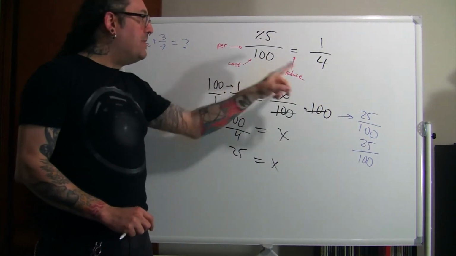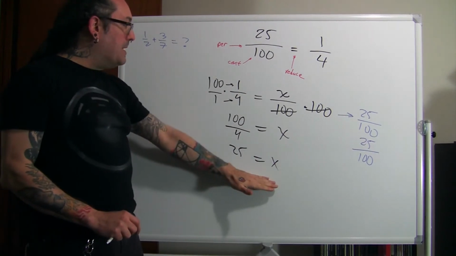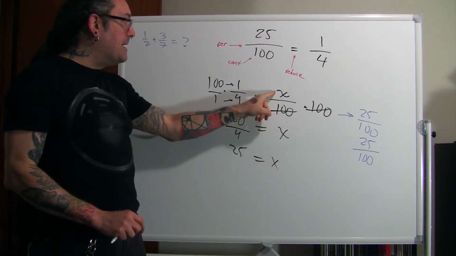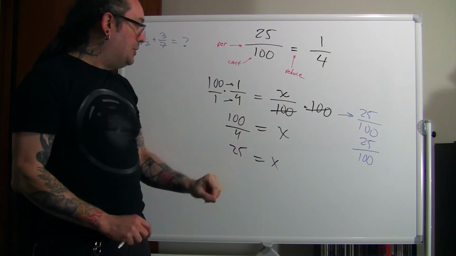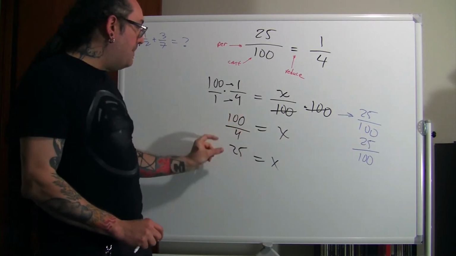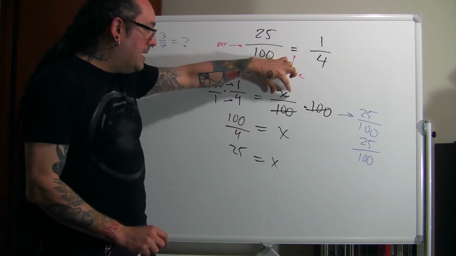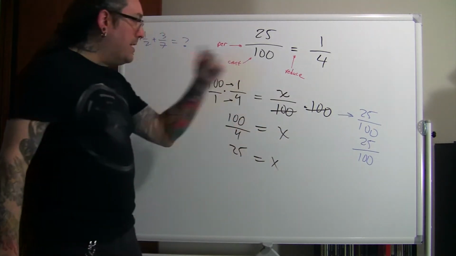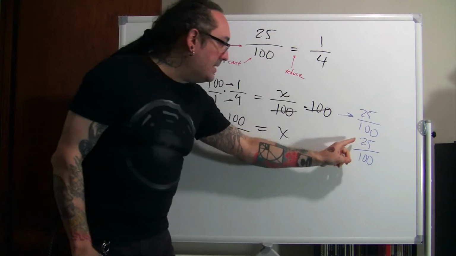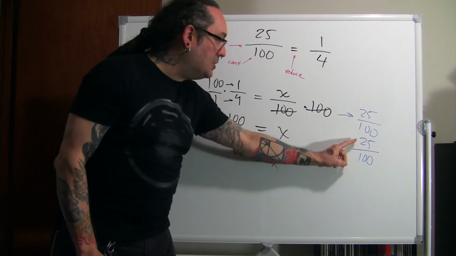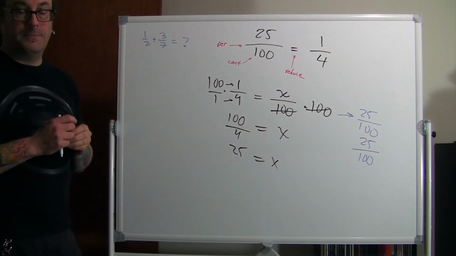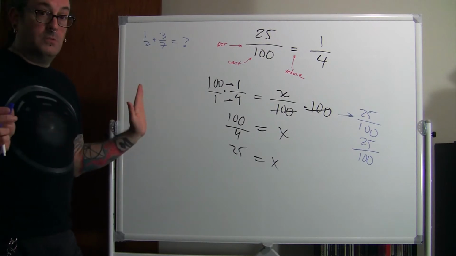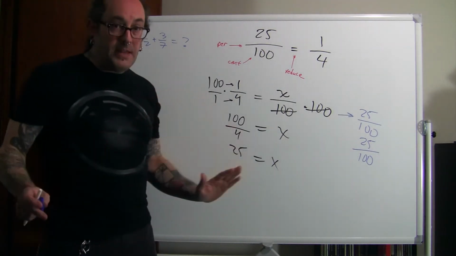I don't care that it's reduced for this problem because I want to know what the top is, and the top is the percentage. I just took the top here and said that it was 25, and then I just said that it's 25%. So 25% is 1/4. Nothing more and nothing less.